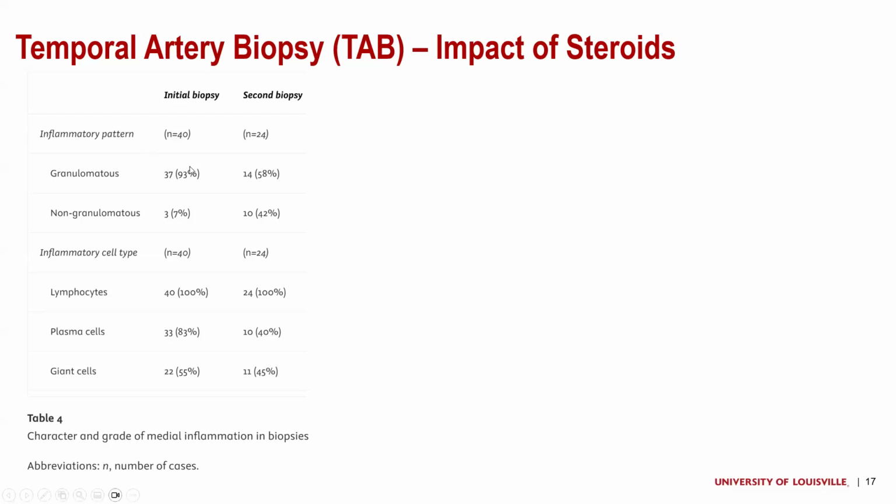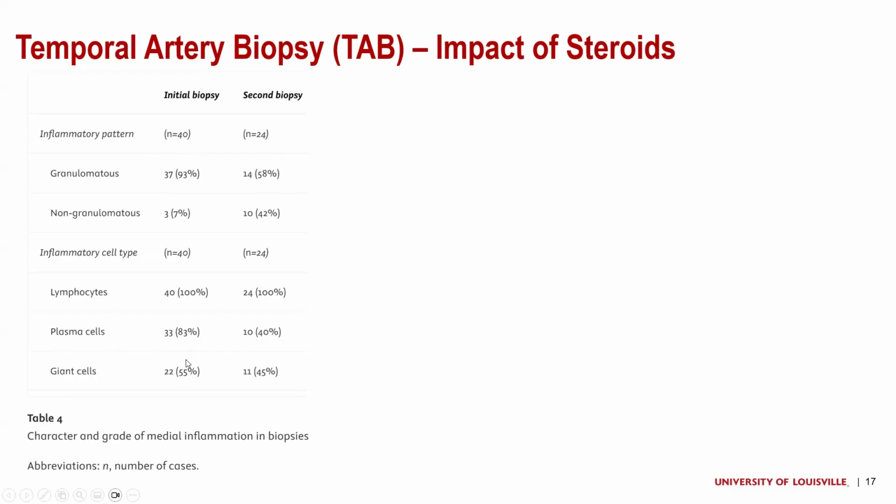And what you'll see is, one of the hallmarks of temporal arteritis is granulomatous inflammation. In the initial biopsy, 93% of these patients had granulomatous inflammation. On the second biopsy, several months later, still 58% of these patients had granulomatous inflammation that would be able to be seen on temporal biopsy. Other things like giant cells.